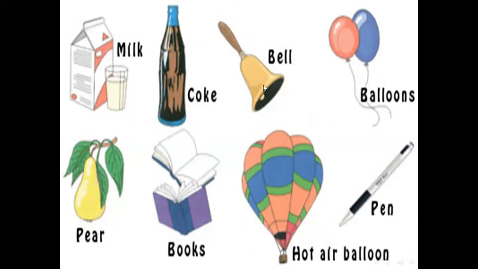A soft drink, a bell, balloons, a pear, books, a hot air balloon, and a pen all have weight and occupy space. So everything which has weight and occupies space is called matter.